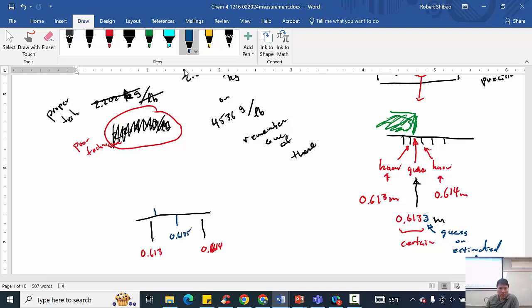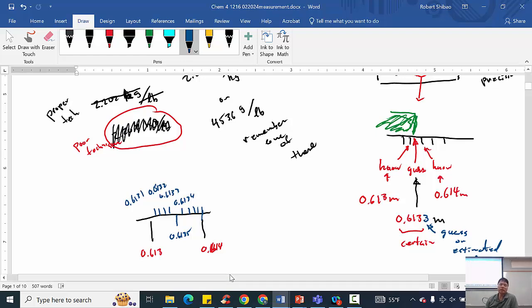And then I'll go 1, 2, 3, 4. The first line here would be 0.6131, 0.6132, 0.6133, and then 0.6134, and then finally 0.6135, and then 0.6136, 7, 8, 9, and then 10. The 10th place would be 0.614.